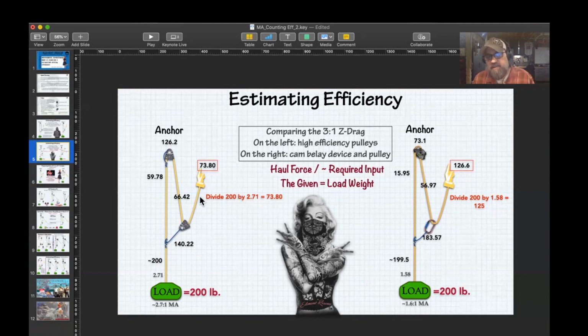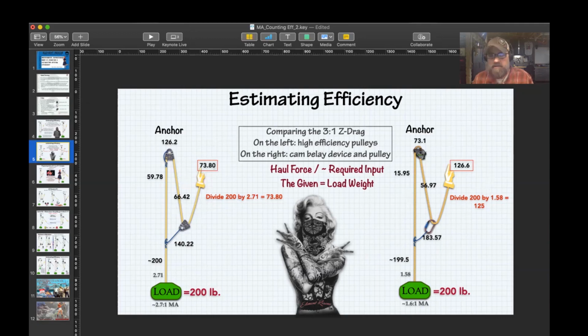So as you can see here, in an efficient system with efficient pulleys, to move 200 pounds, I will have to input approximately 73.8 pounds to get that moving. So whether that's me pulling myself, or I've got a couple guys that are hauling with me, that input force needs to be approximately 73.8 pounds. And you can see as that moves through how that works. Same thing, 73.80.